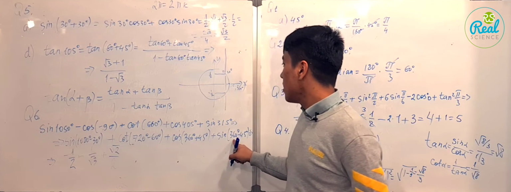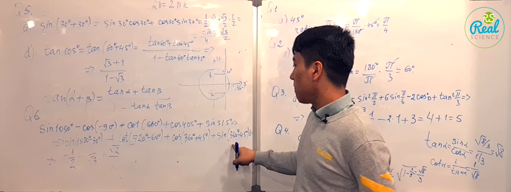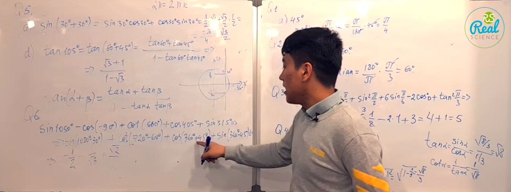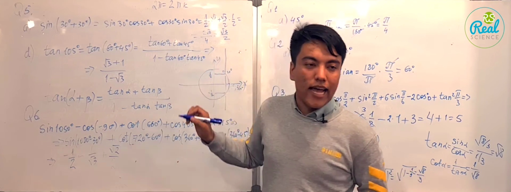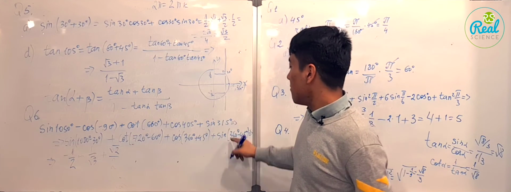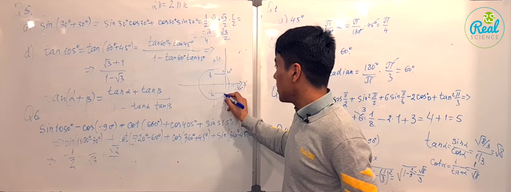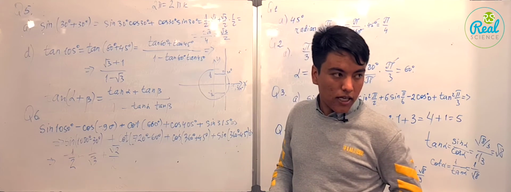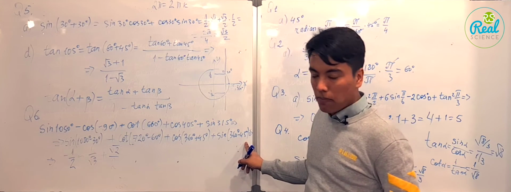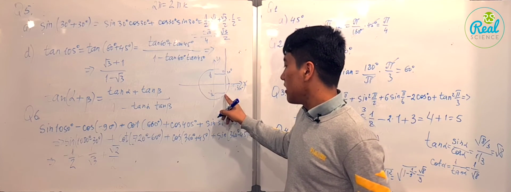So this one now, 360 minus 45. By the way, plus 45 is anti-clockwise or counterclockwise, and minus 45 is clockwise, okay? So 360 minus 45 is clockwise.